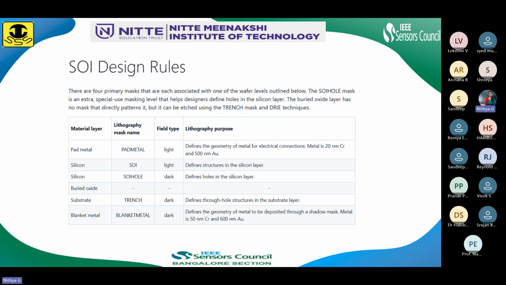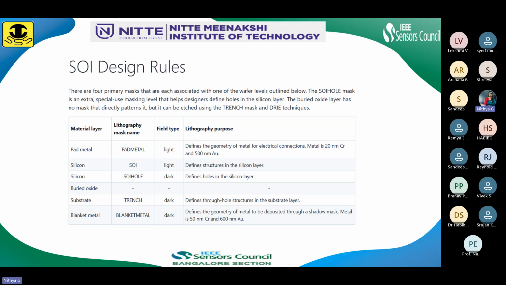Okay, so for this design, we need to take a few layers, right? One is the pad metal. Then the silicon. Then we have something called a SOI hole, which can directly define the region if there is a diaphragm wherein we have included a few hole structures.